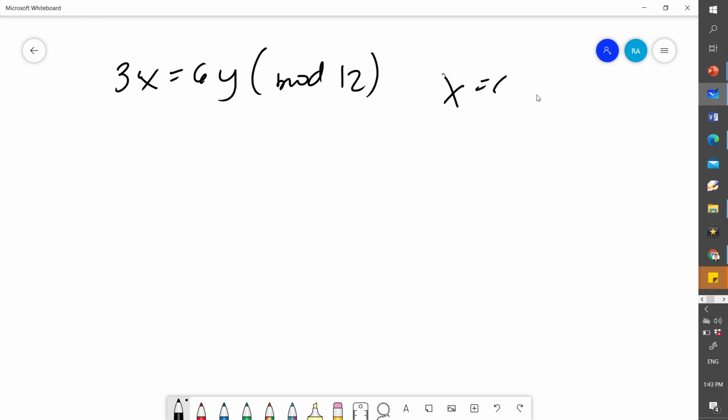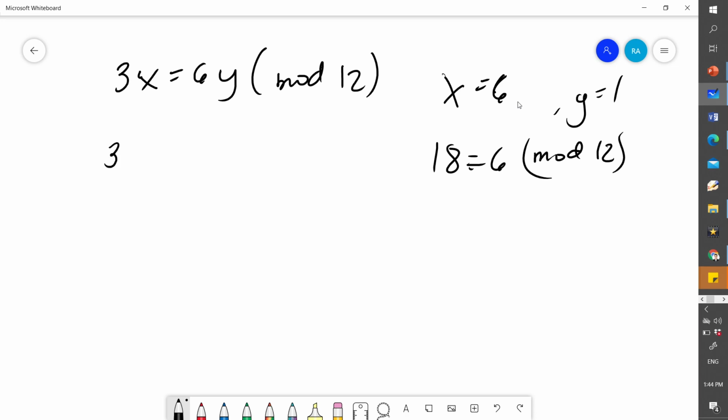I can write x = 6, y = 1. This is because 18 is congruent to 6 mod 12.